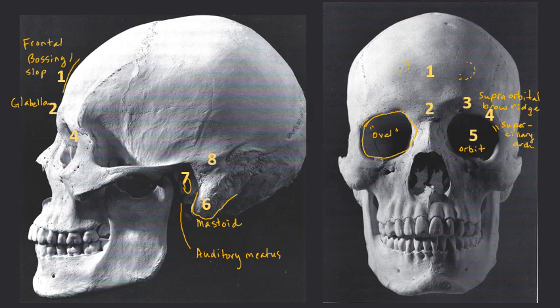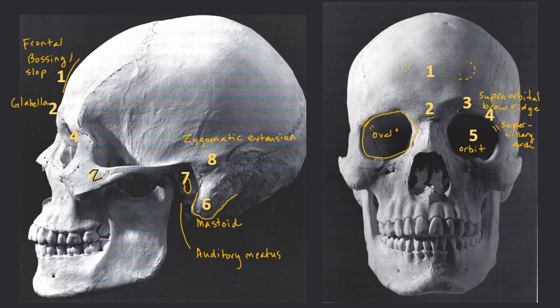This is the zygomatic extension. So the zygomatic bone. So this is the zygomatic bone. And we have a suture. Actually, I'll use black so you can see it better.